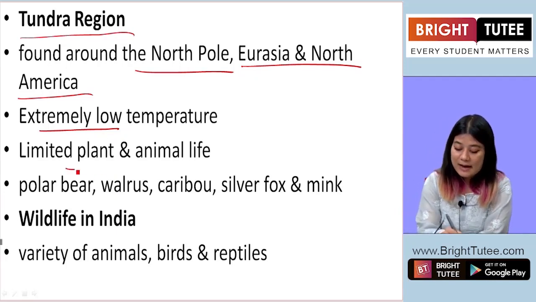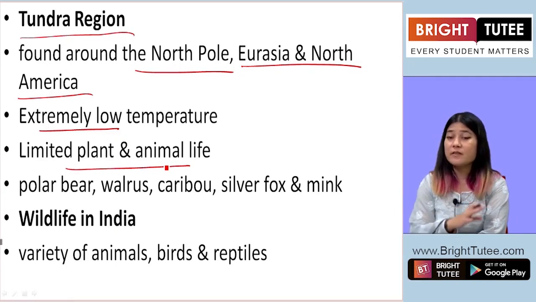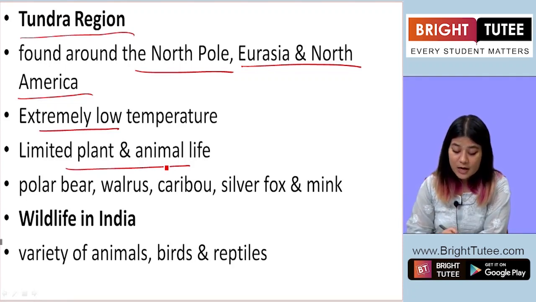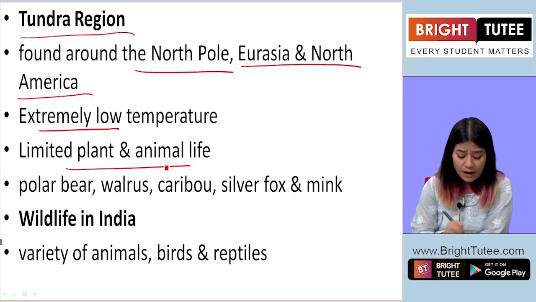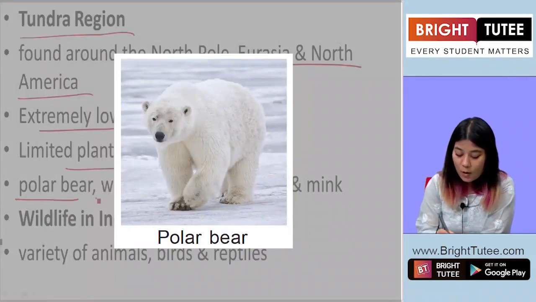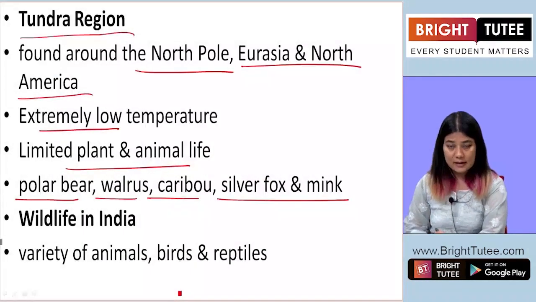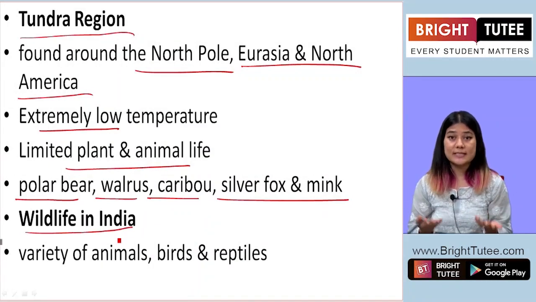Because of that, the plants and animals that live here, that thrive here, are very limited. There are not varieties of plants and animals that live and grow here. Okay, so some of the animals that are found in the Tundra region are polar bear, walrus, caribou, silver fox, and mink.